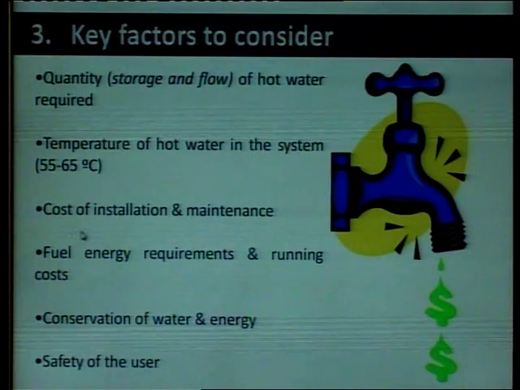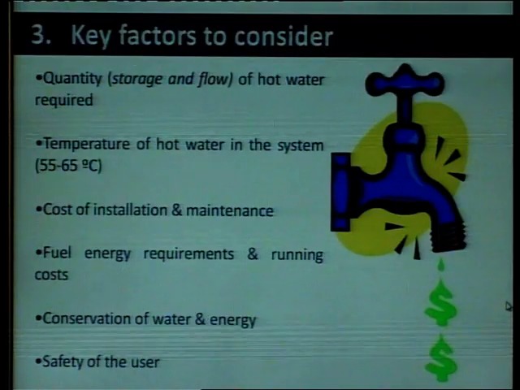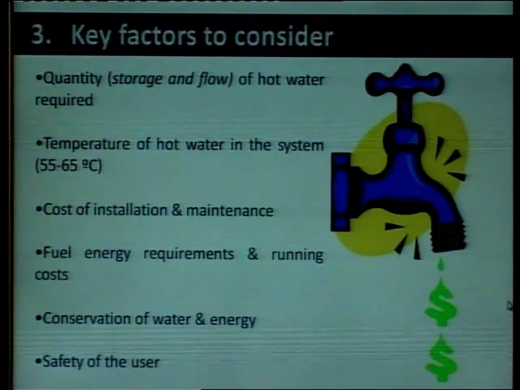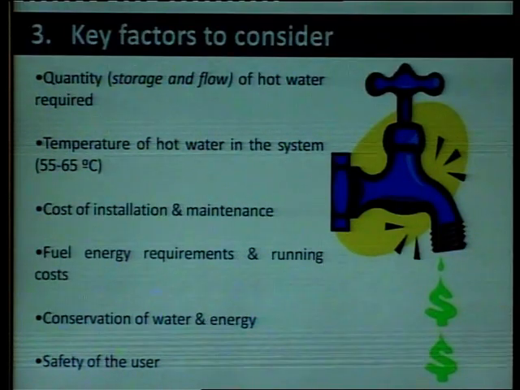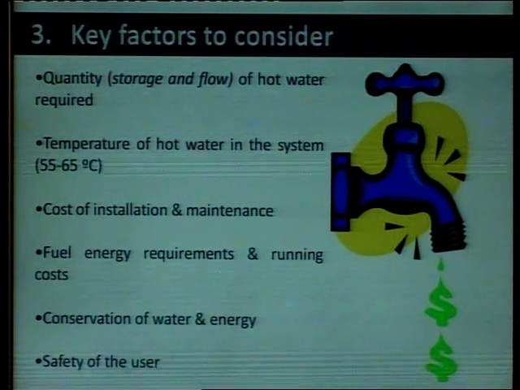So, cost of installation and maintenance, this maintenance also is an important point to be considered while designing the hot water supply. And fuel energy requirements and running costs, of course, what kind of fuel you are using.